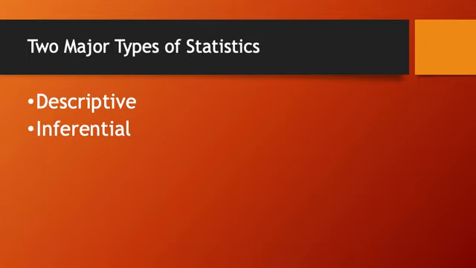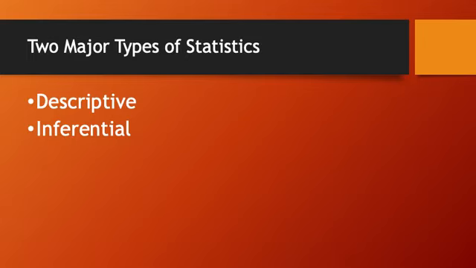Descriptive statistics are methods of organizing, summarizing, and presenting data in an informative way. It is trying to take our data and really understand it and present it. Inferential statistics are methods that we use to actually make decisions.